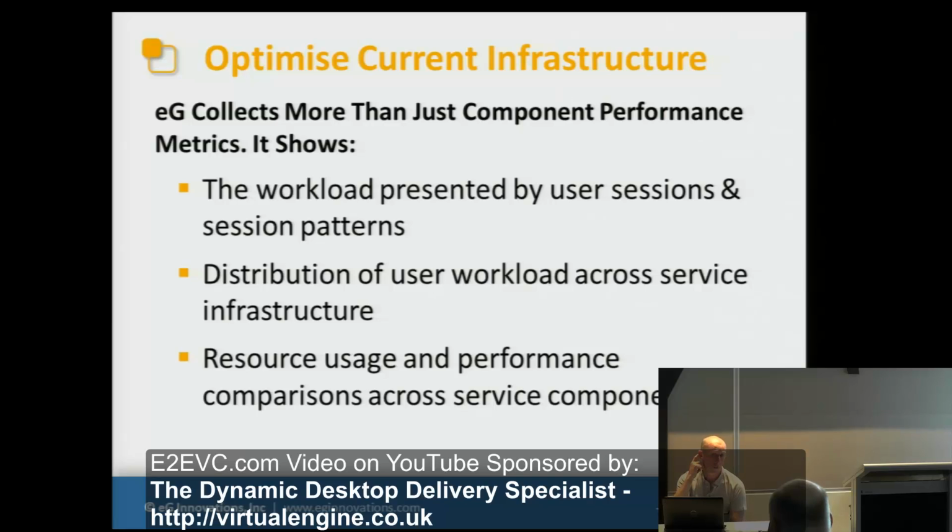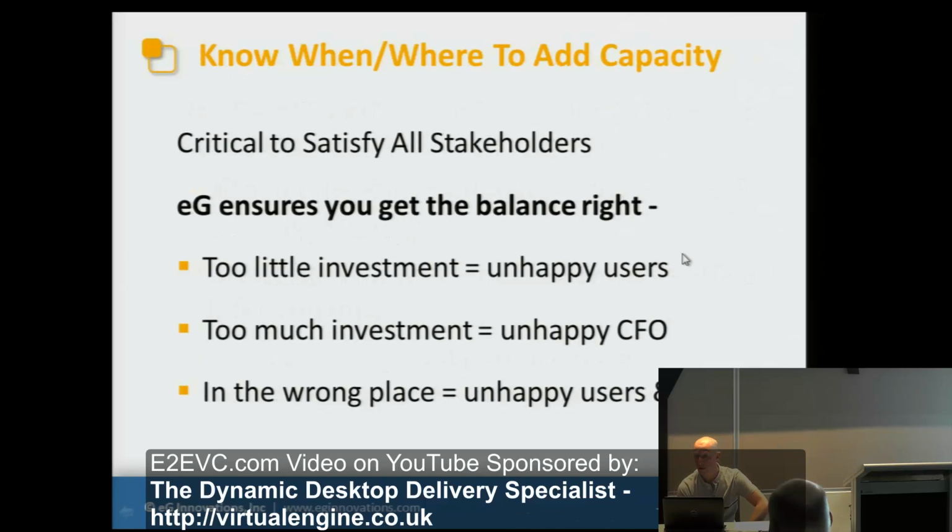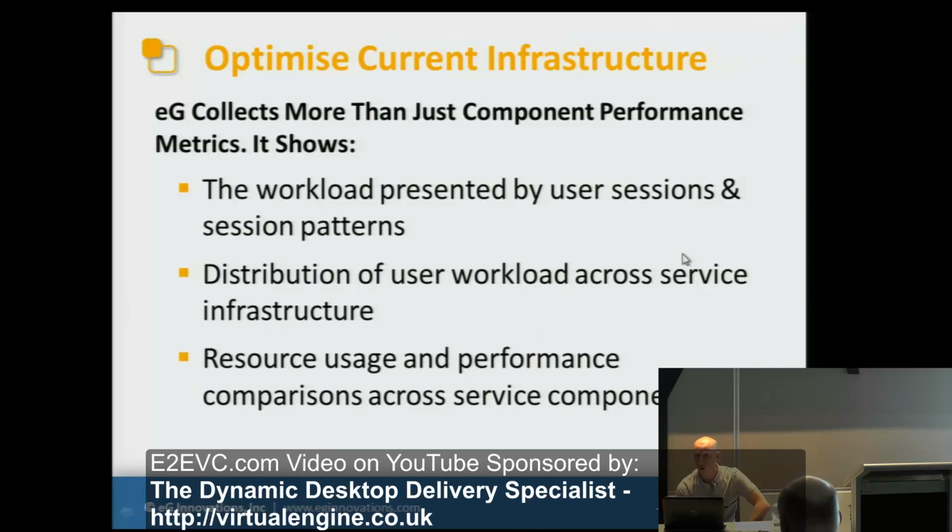In this first example, we're talking about how we can help you optimize your current infrastructure. Can we identify and show you the patterns of usage, normal patterns of business usage on a per user basis, what workload and stress those users are putting on your environment, and of course what the overall resource usage and performance is across all of your Citrix farm or whatever other applications you may have.